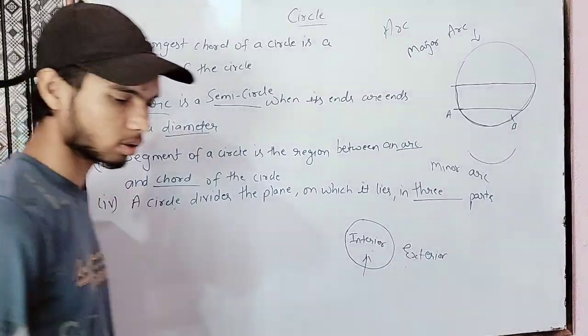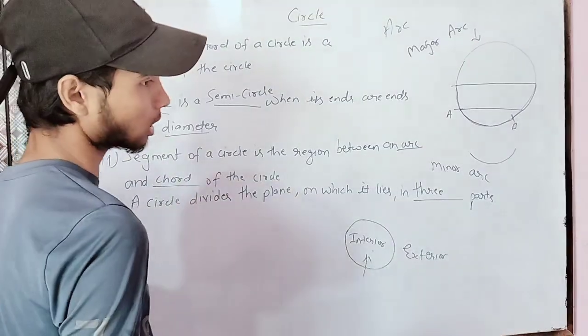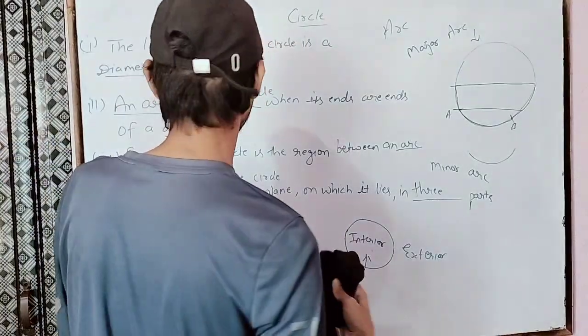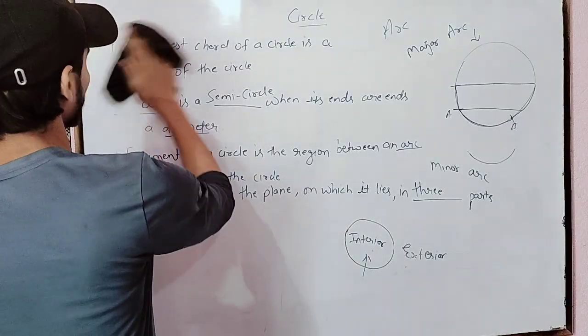Now there is a statement, and you have to tell whether that statement is correct or not. If correct, then tell why; you have to give a reason. If not, then again you will have to give a reason.